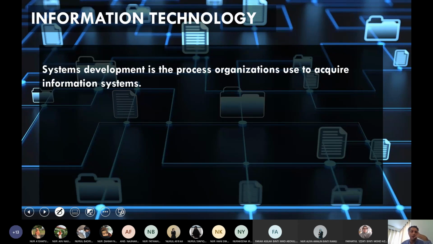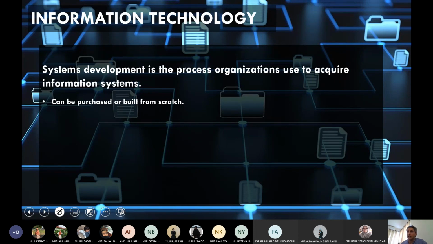Okay, so we move to a new topic: information technology in system development, in the process of organizations acquiring an information system. We have two options: can we purchase or build a system from scratch?